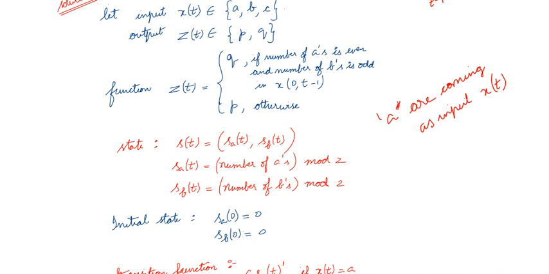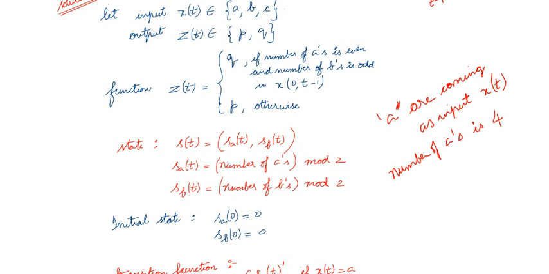Suppose the number of a's is 4. 4 a's are coming at the input. So what happens? 4 mod 2. Mod gives the remainder. So 4 mod 2 gives remainder 0.